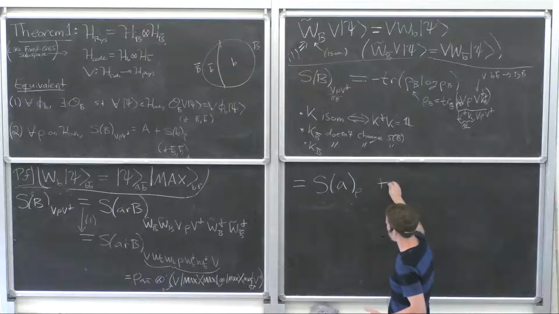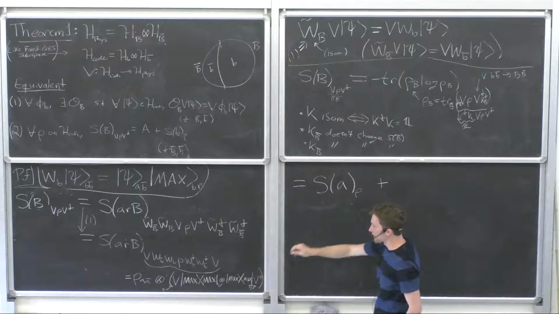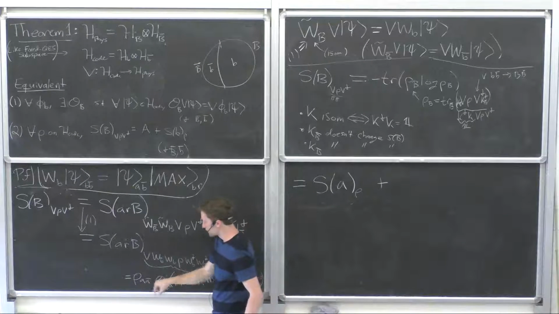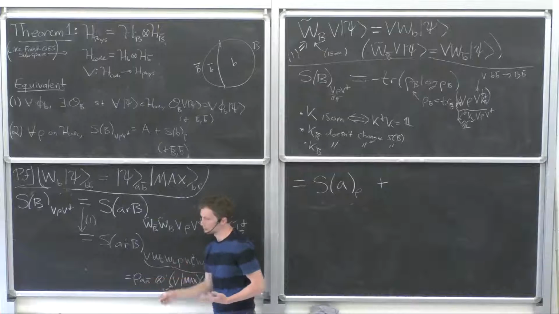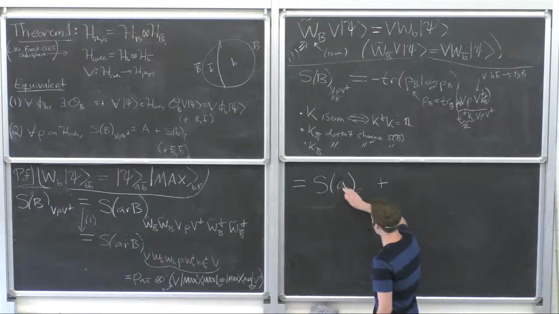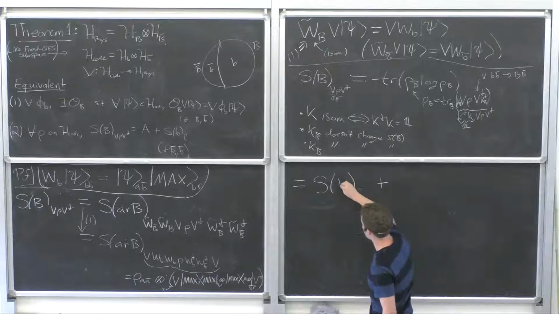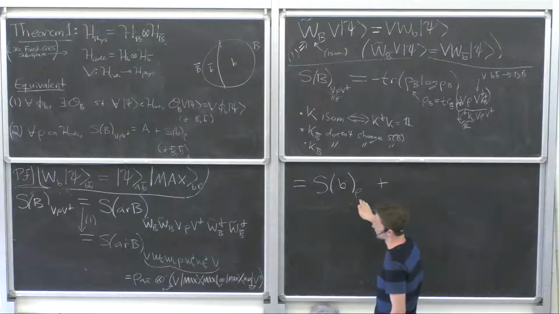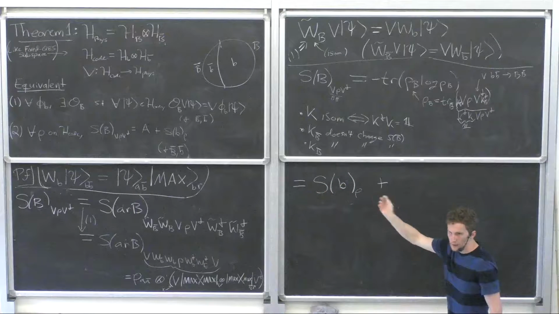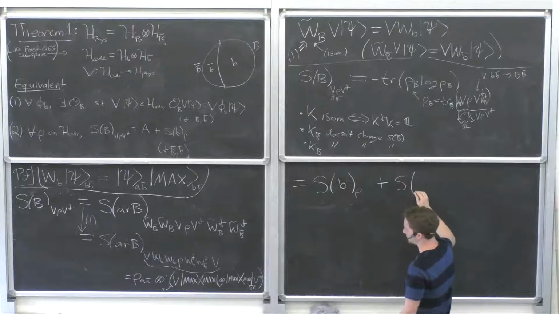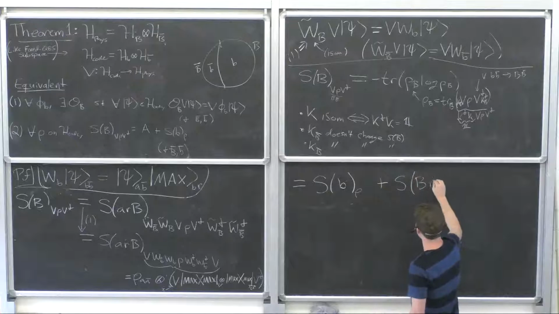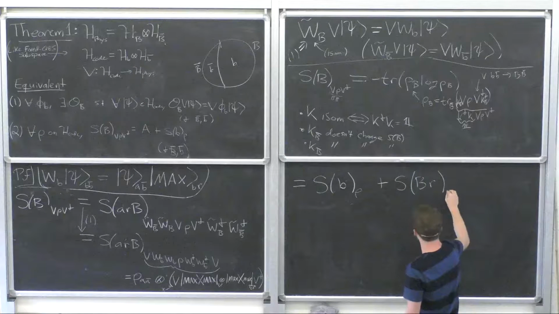And there's going to be another piece. But remember that little a is just exactly what little b was in the state rho. So if I want to talk about the original state, I could just say that's the entropy of little b in the original state rho we started with. Okay, and then this extra piece is this entropy of capital B, little r, in this chi state.